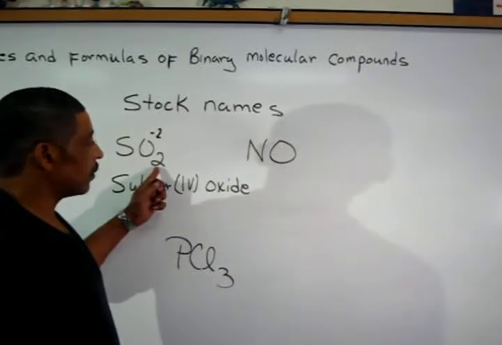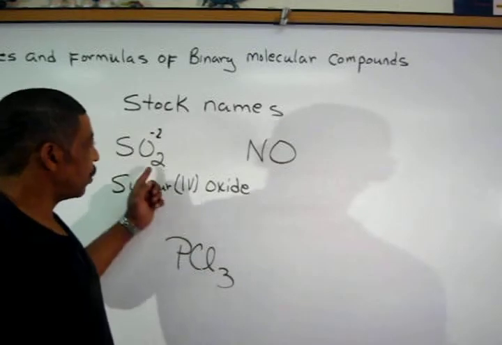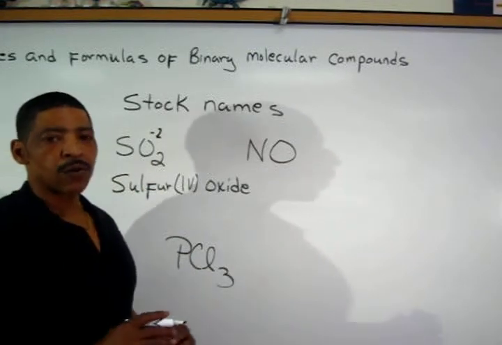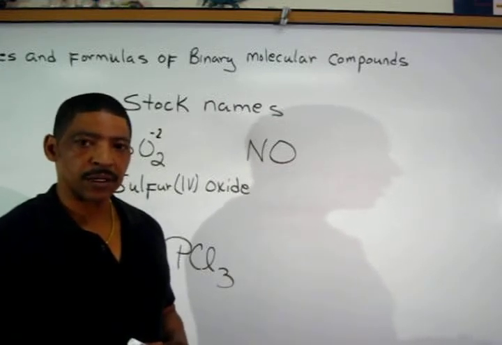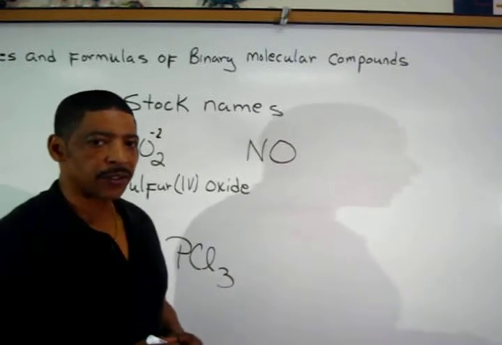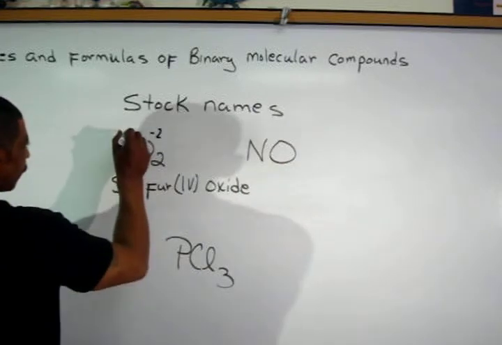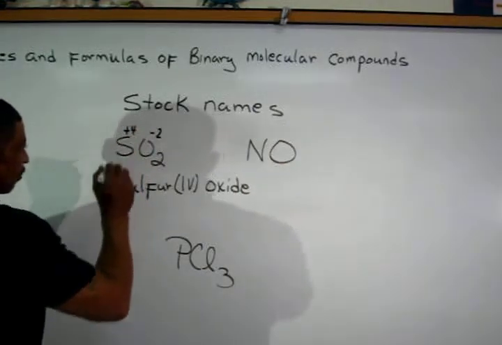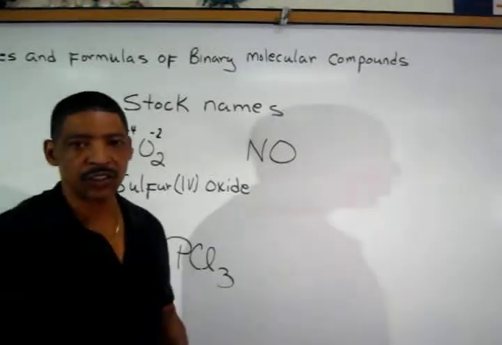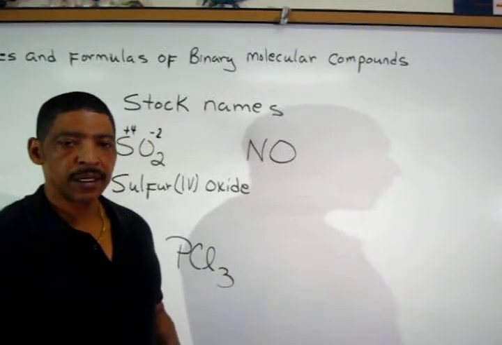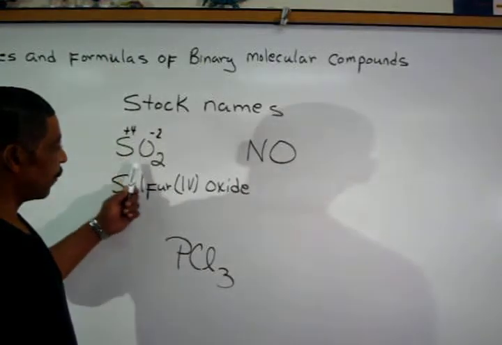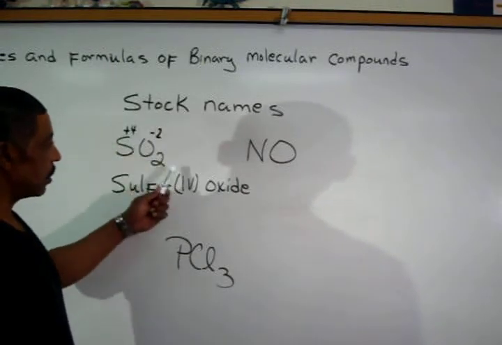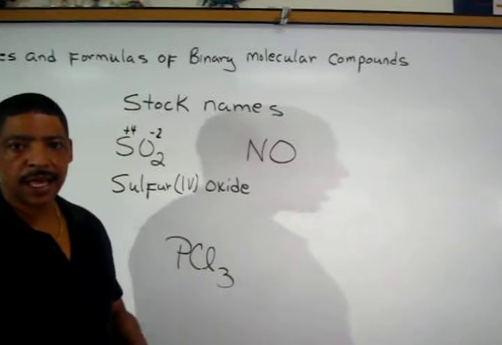Since there are 2 oxygens in this compound or in this formula, the overall negative charge due to the oxygen is a -4. To cancel this -4, sulfur must possess a +4 oxidation number. Therefore, the name of this particular compound is sulfur 4 oxide.